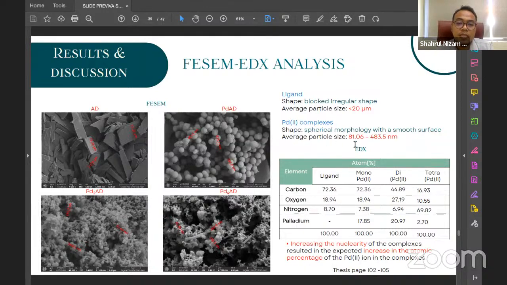For palladium complexes, the size becomes nano, with spherical morphology and smooth surface, getting smoother and smoother. More importantly, using EDX, we can see that the tetranuclear complexes have more palladium. Palladium for mono is 17.85, then we have 20.95, and last but not least, we have 2.70.